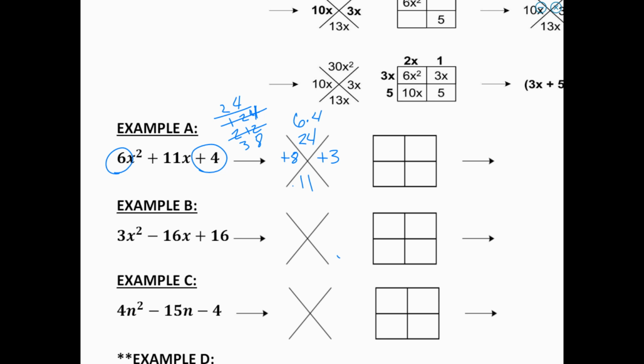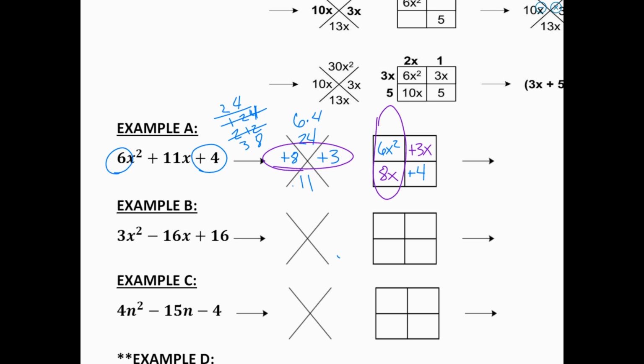So 8 and 3. This is where having this box done, so 6x squared plus 4, okay? And then I'm going to use my two factors right here. So 8x plus 3x, okay? You do have to have your greatest common factors now.